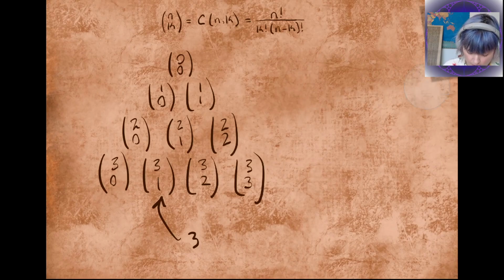So n choose k describes every position in Pascal's triangle. And it's how you would calculate a really ridiculous coefficient if you needed to do that for some reason.